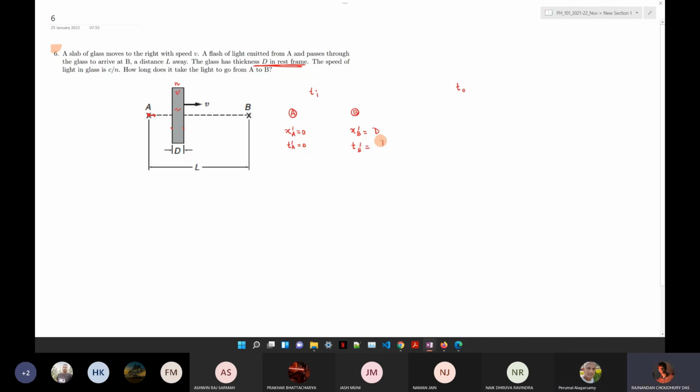It will be distance by speed of light. Speed of light is c by n inside this slab. So this much time it will take. So if S' calculates it, he will get that within this much time it will cover this much distance. Are you guys with me?